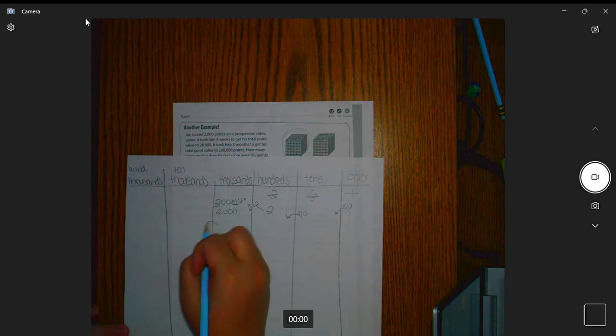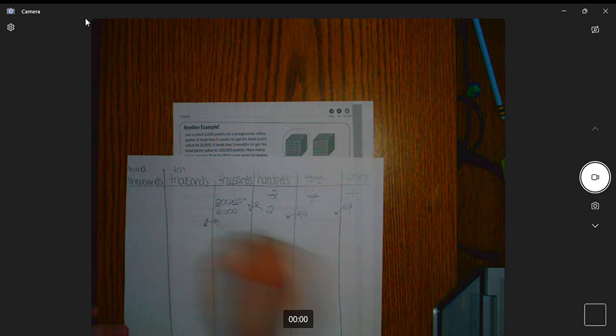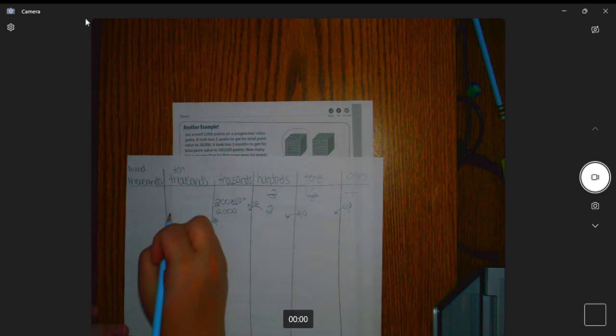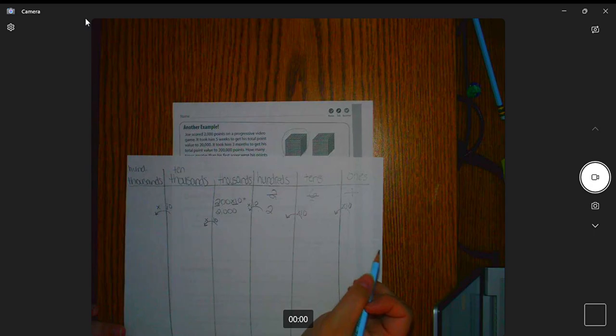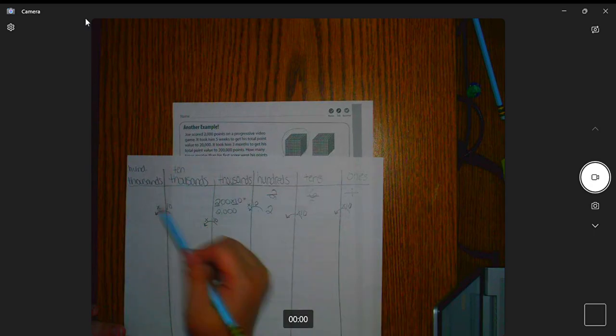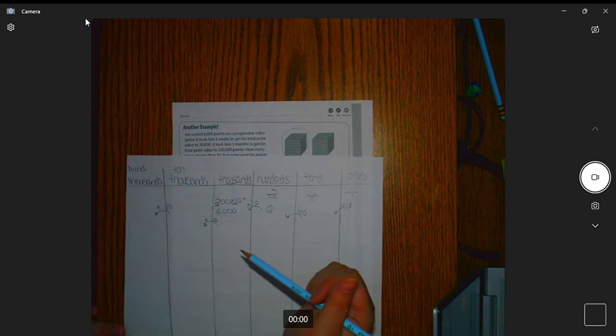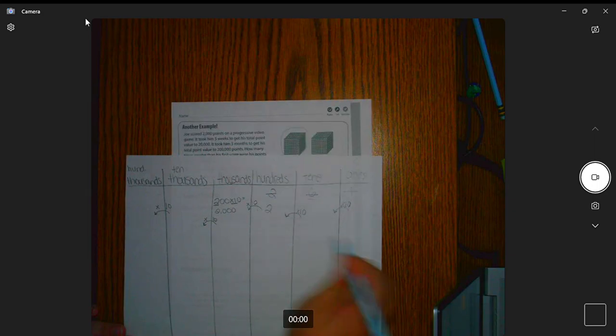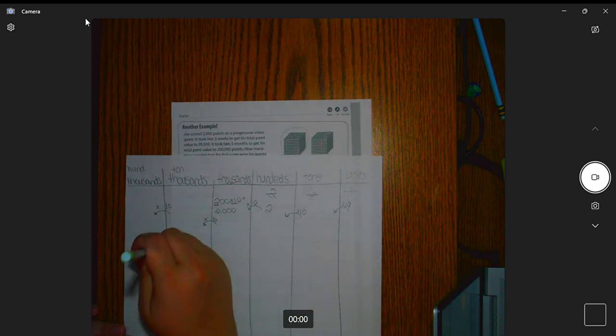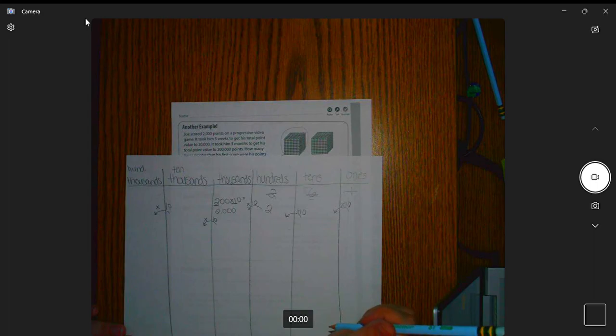Jumping from thousands to 10,000s, again, is a jump by 10. And then jumping from 10,000s to 100,000s is 10. Because I still need 10 times 10 to equal 100. So each move you make on a place value chart, you're moving up by 10.